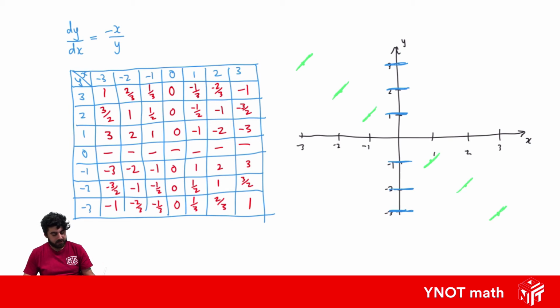And gradients of -1 occur across in the other diagonal. So let's mark all those in as well. In the same color, because they're the same gradient in terms of magnitude. And they'll all be at 45-degree angles the other way. Now next, let's go with gradients of 1/2.